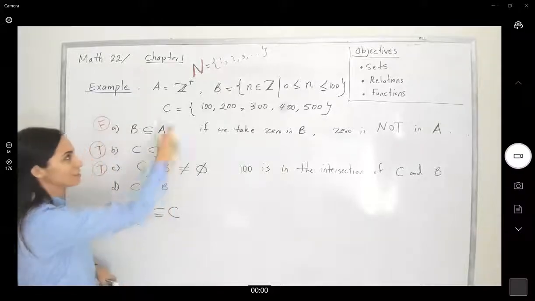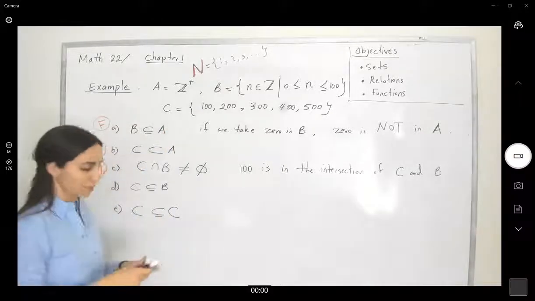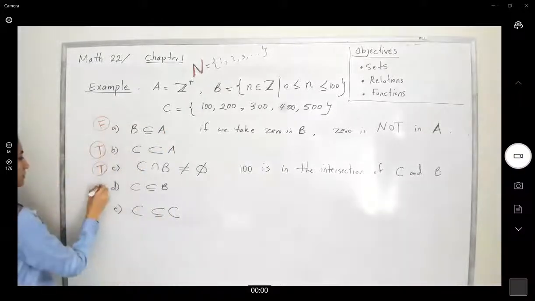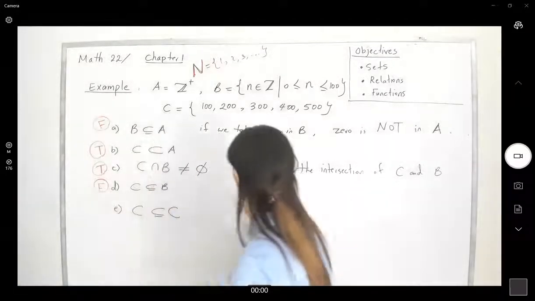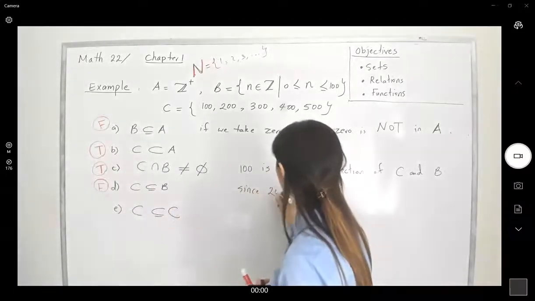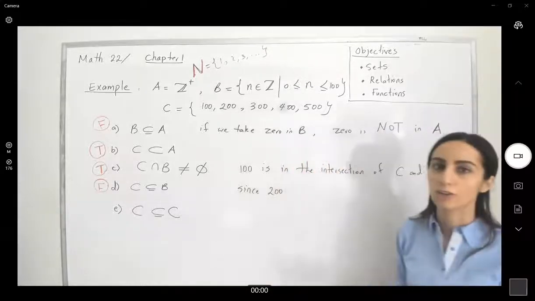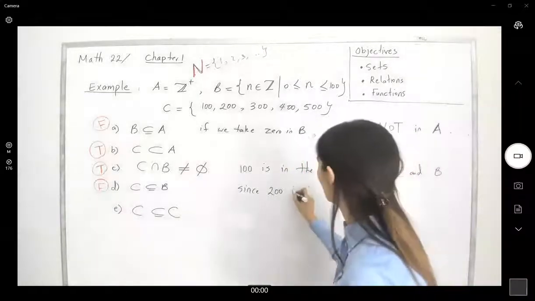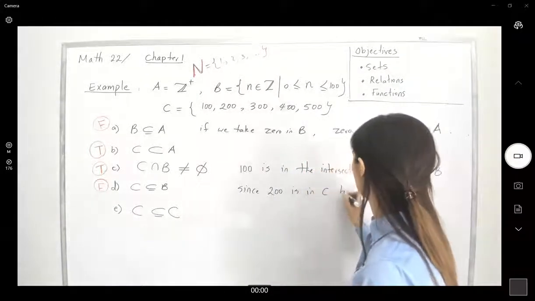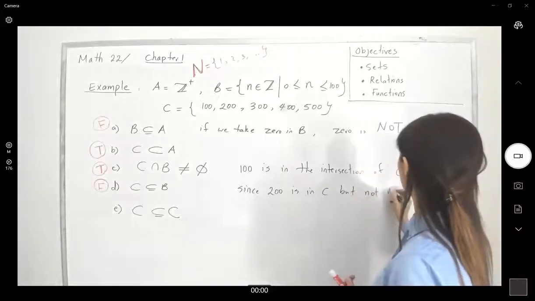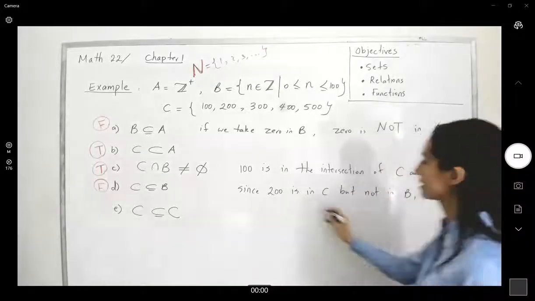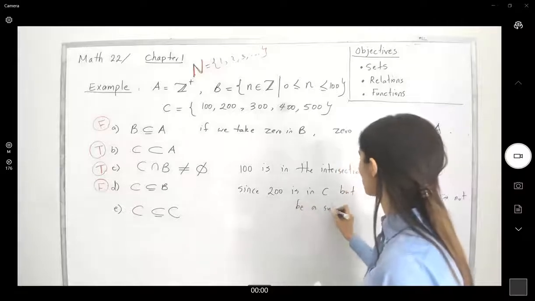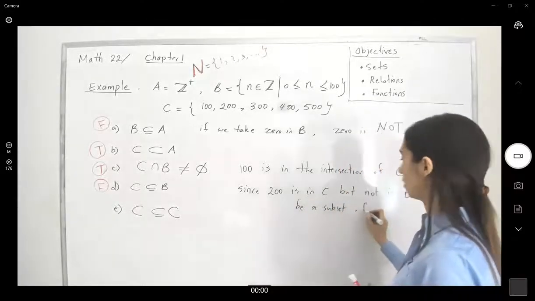Yes, 400 is in C, but not in B. So this is false. Since 200, 300, 400, 500 are in C but not in B, C cannot be a subset of B.